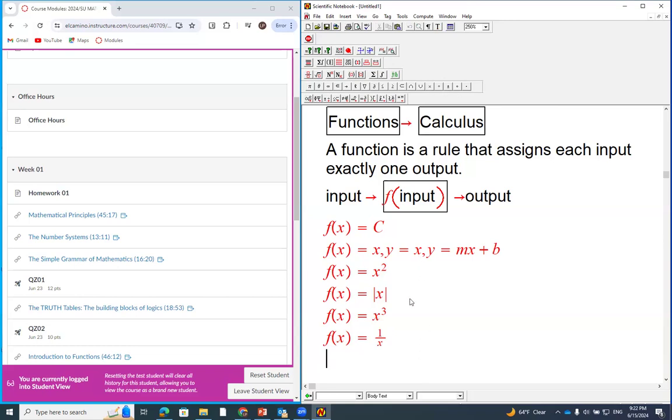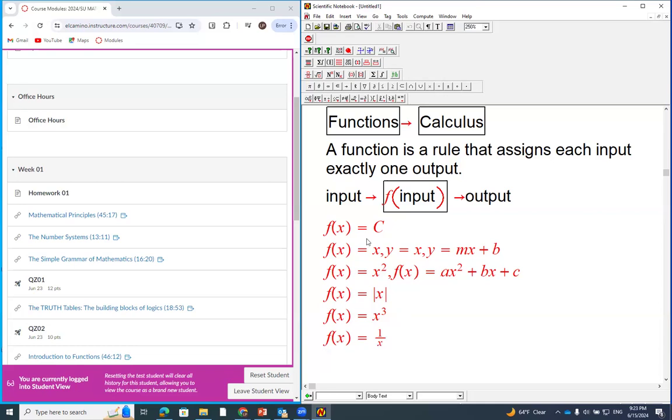Their variations may be something you have seen before, like x squared plus bx plus c. This is a quadratic function, general form. There are variations of the absolute value of x, and variations of x raised to the power 3.